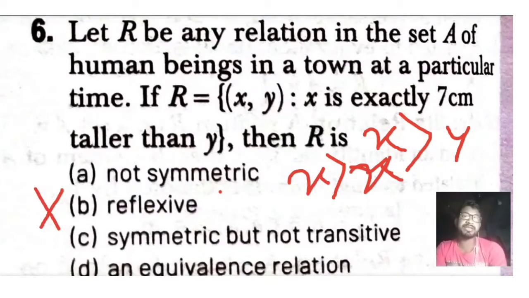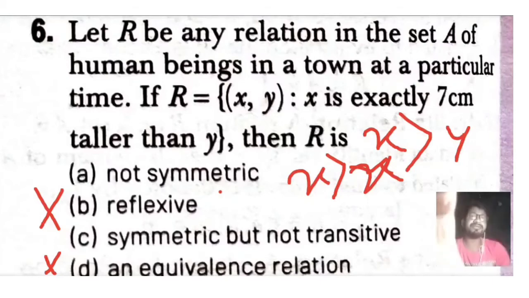Option number C is symmetric, we have to check. Option number D is also not correct because this relation is not reflexive. So this relation cannot be an equivalence relation. So you have to check now symmetric.